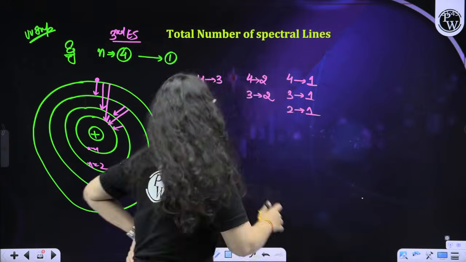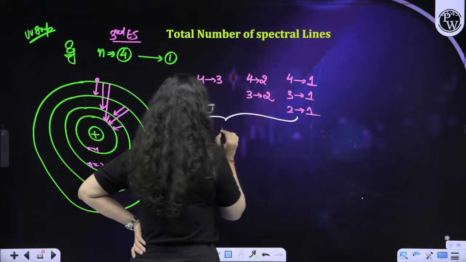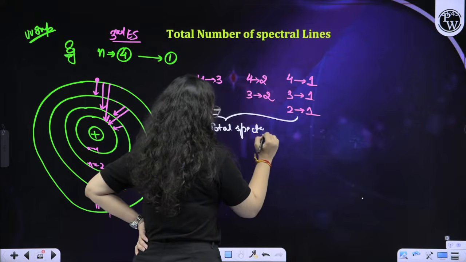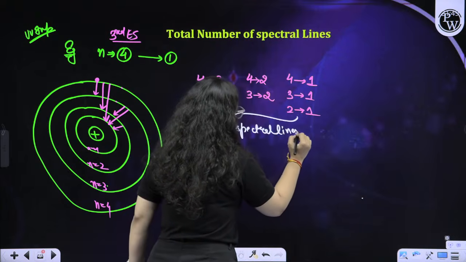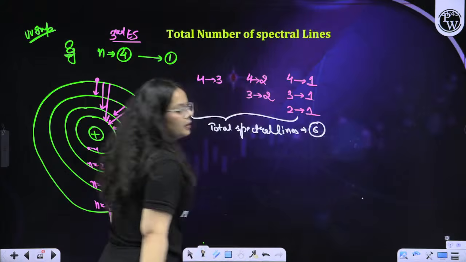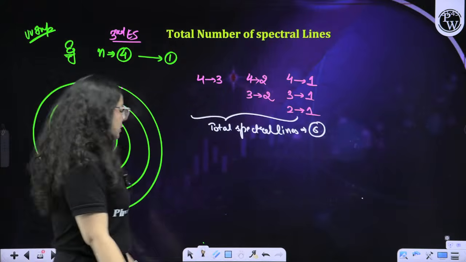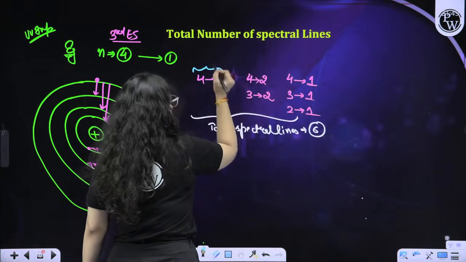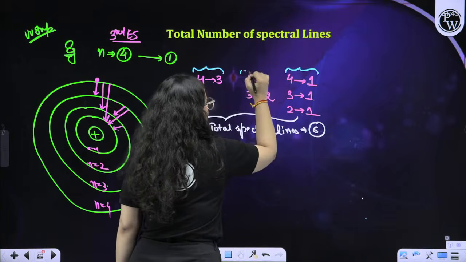So we can say that the total number of spectral lines that I am getting over here is 6, under which these are the lines of particular series.